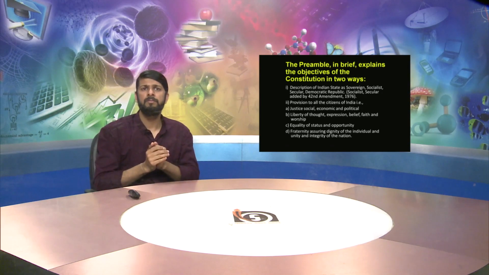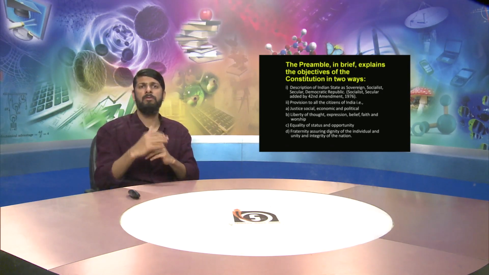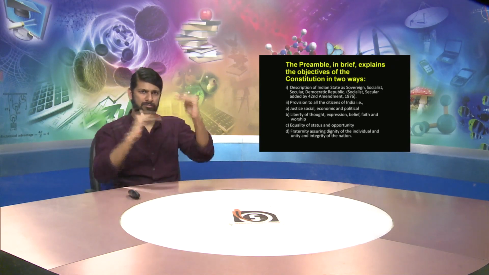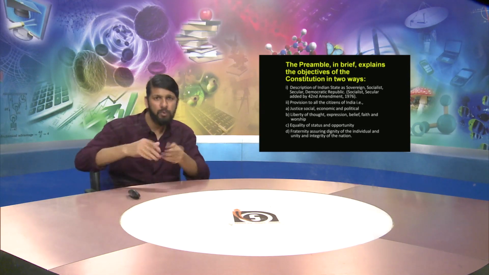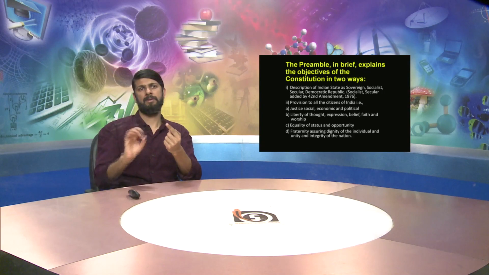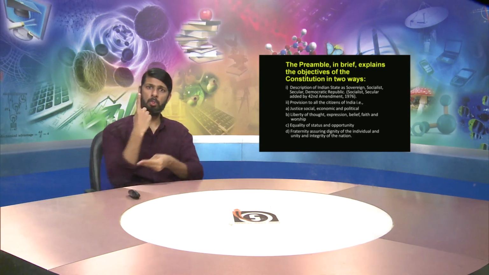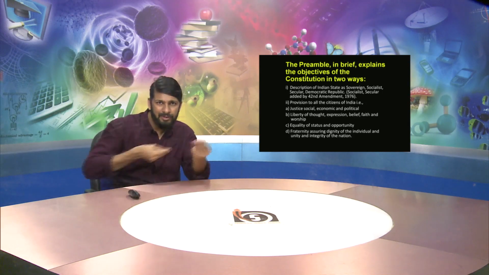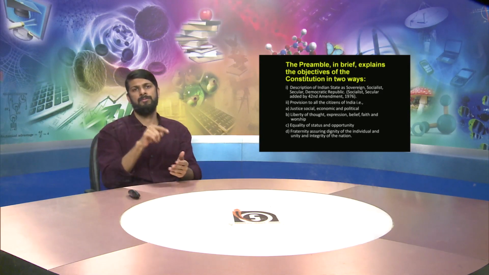The second point, which is on the screen, tells the provision to all the citizens of India about justice, social, economic, and political, in all the areas of life.